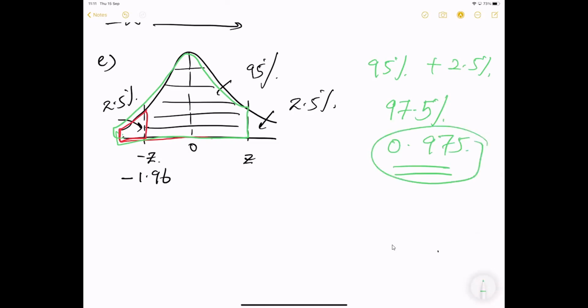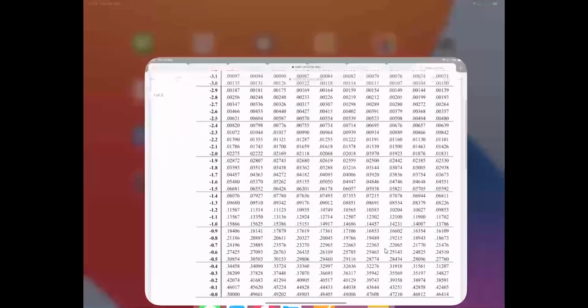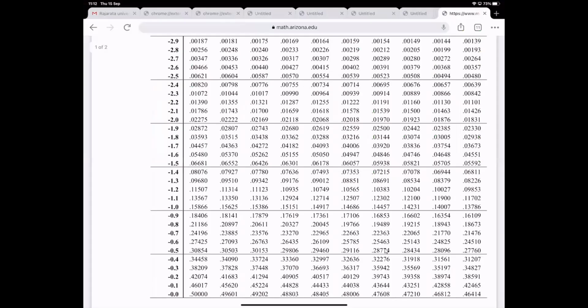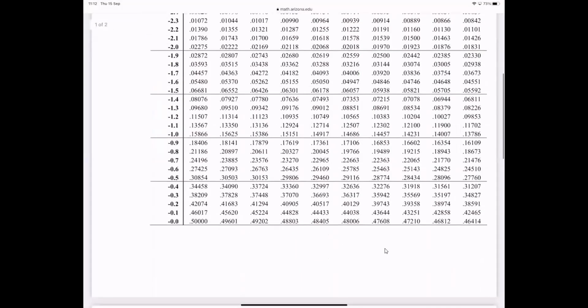This probability covers this total area. So we want to find the location of 0.975 using the table, definitely a positive value.